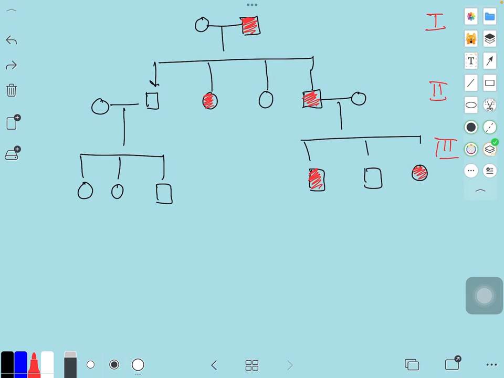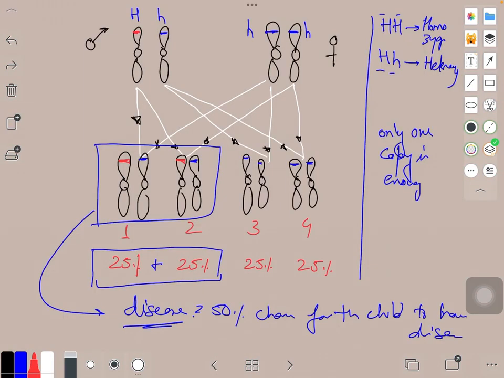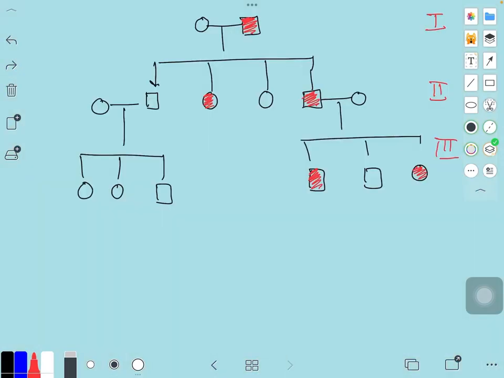Now, the important point to note is that in the previous slide, we just said there was at least one heterozygous. Okay, this is the heterozygosity. Before that, important thing. As we can see, in each generation, over here there's one affected, over here 2 are affected, and in the third also over here and here.